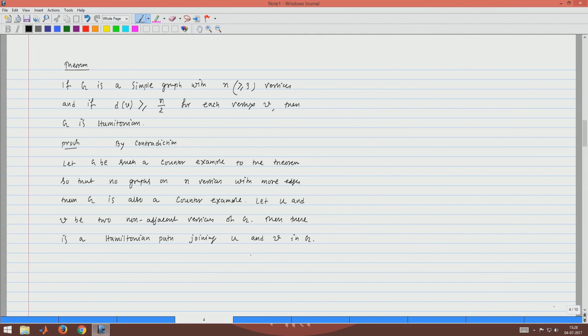So that means u and v, these two vertices are joined by a spanning path or a Hamiltonian path. So, besides u and v there are n minus 2 vertices.